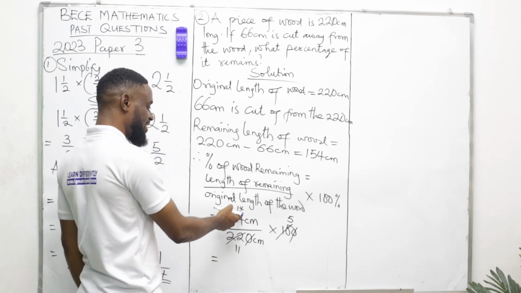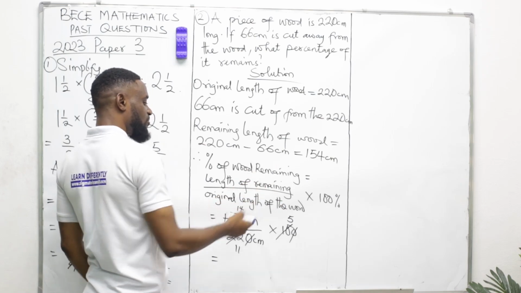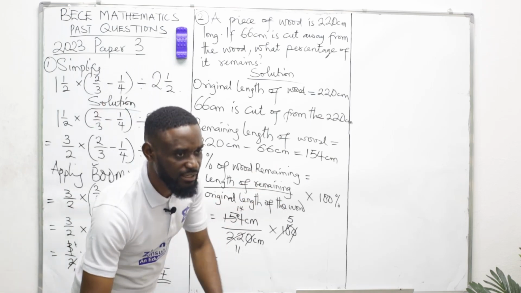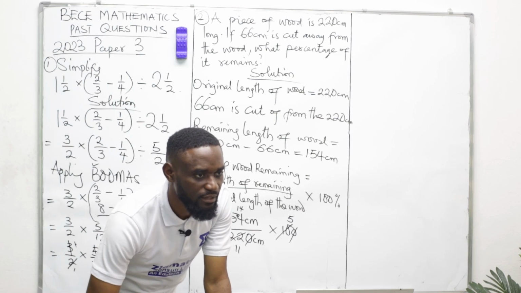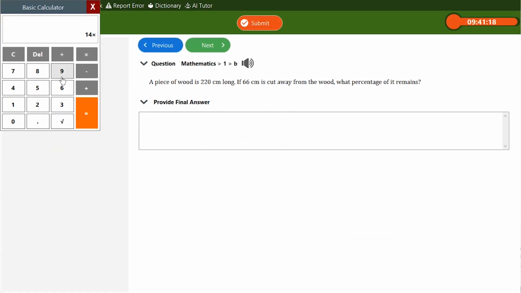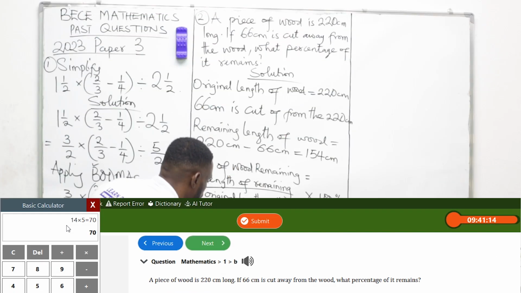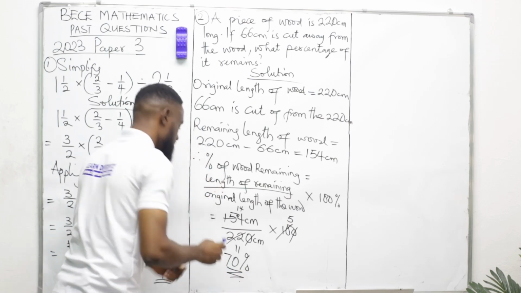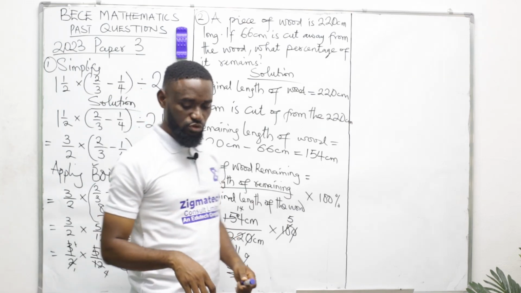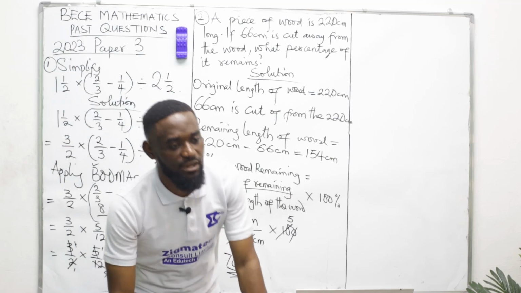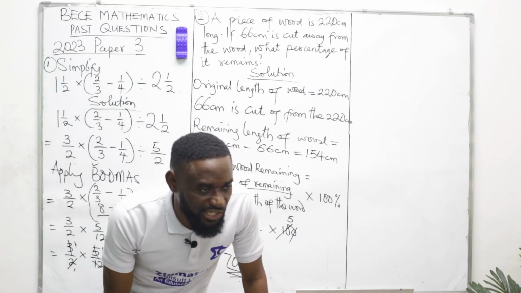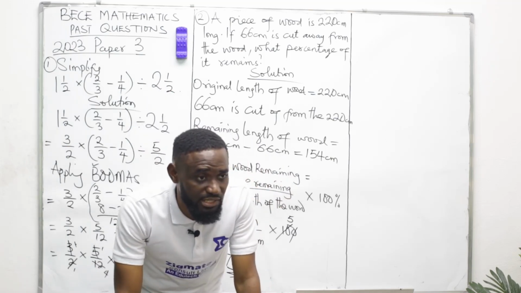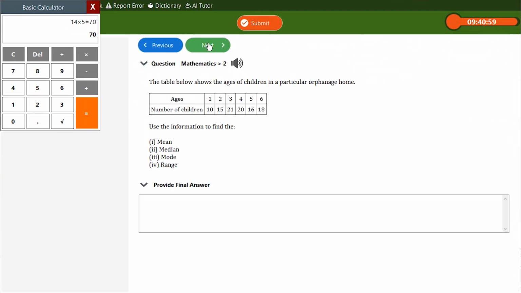So if we do 14 times 5, let's see that. 14 times 5 gives us 70. So 70% is the percentage of wood that is left. So in your answer session, you just put 70% there and you're good to go, all right?